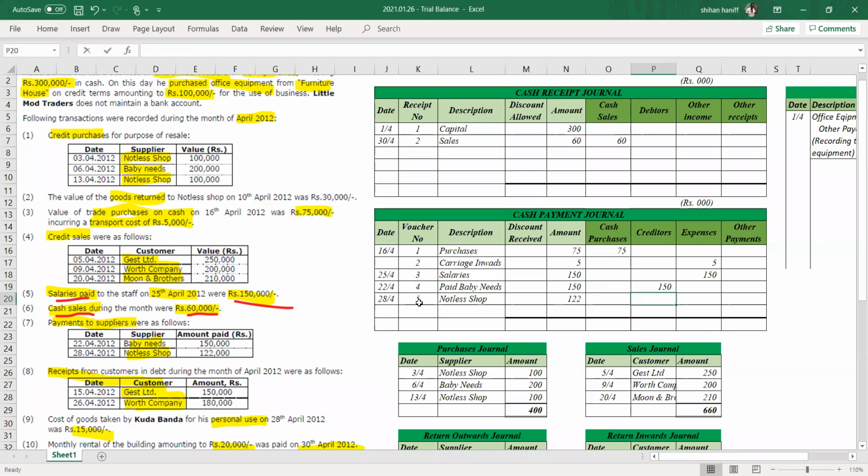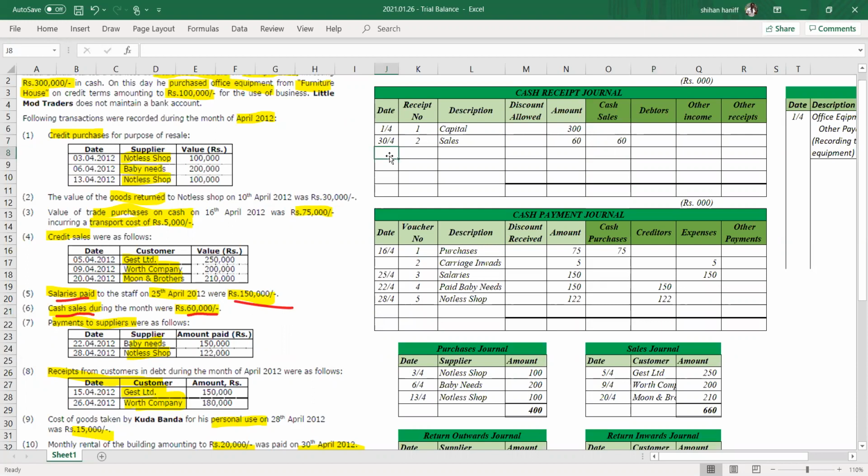These are payment to creditors. There is no discount. 150,000 is paid to baby needs. 122,000 paid to Nautilus shop.